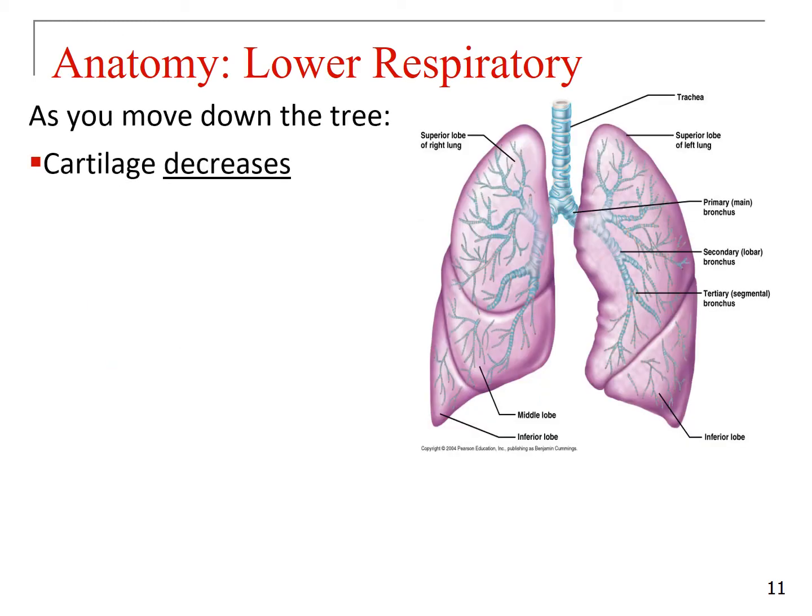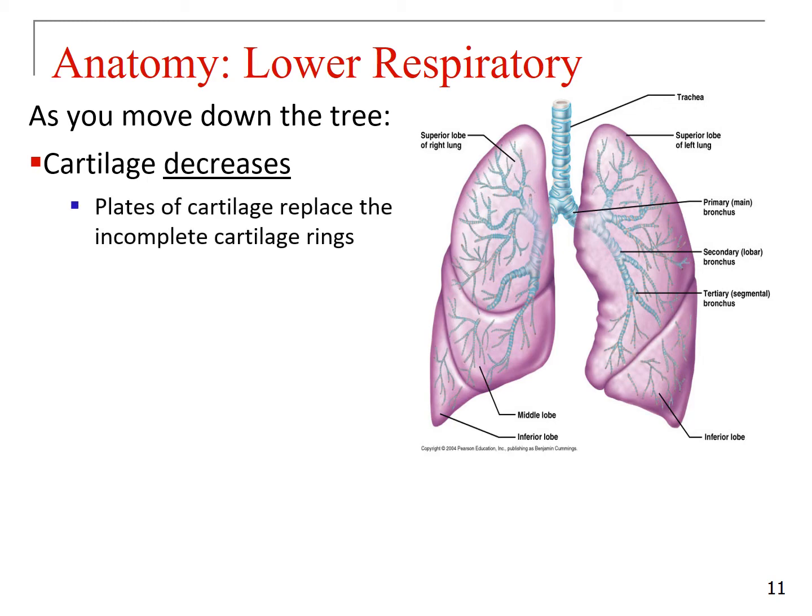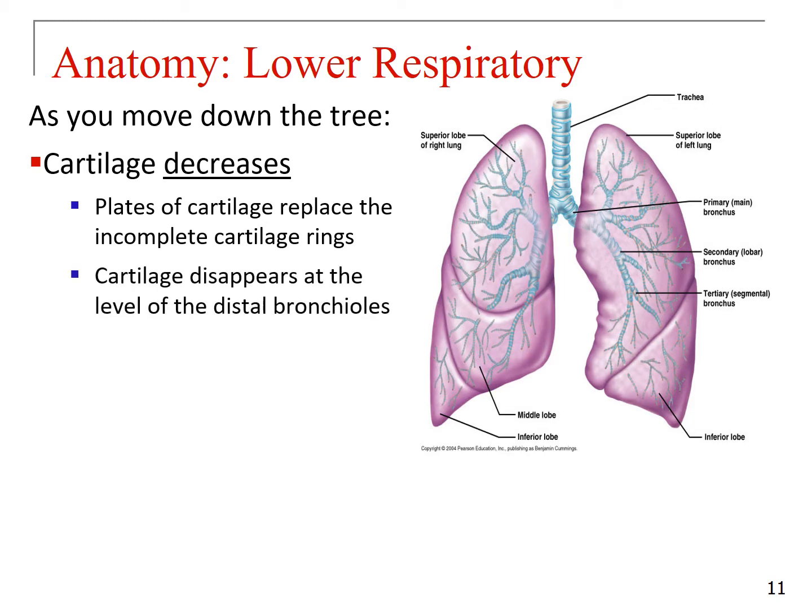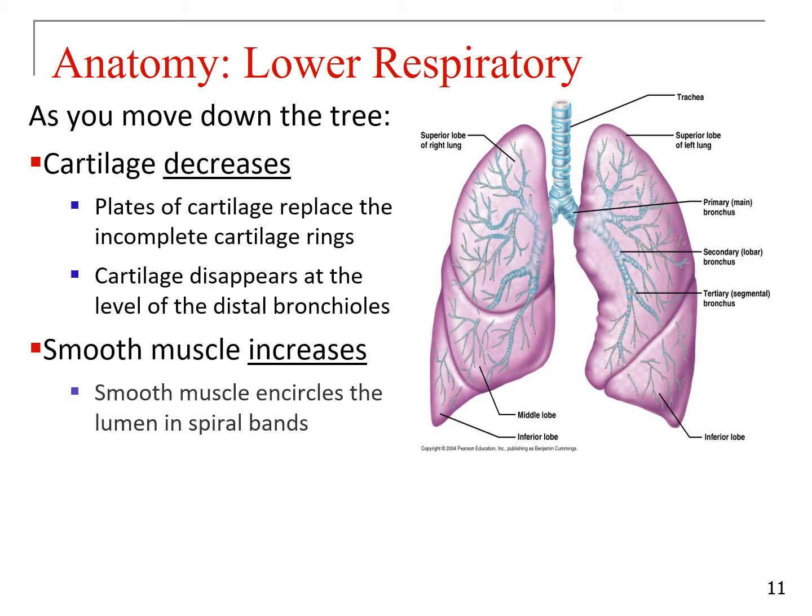Okay, so as you move down the tree, the amount of cartilage in the walls of the tubes will decrease, and you'll have, first of all, plates of cartilage replacing the incomplete cartilage rings, and then at your most distal and your smallest bronchioles, you have a complete disappearance of cartilage, and so those walls are going to be all smooth muscle. So the proportion of smooth muscle increases as you move down the tree, as you go from generation to generation.